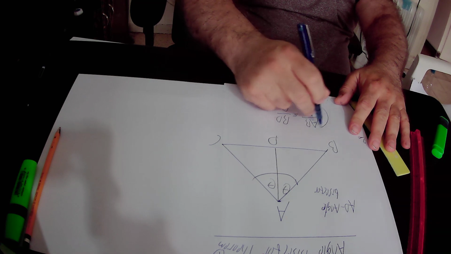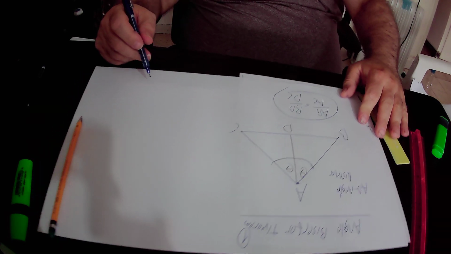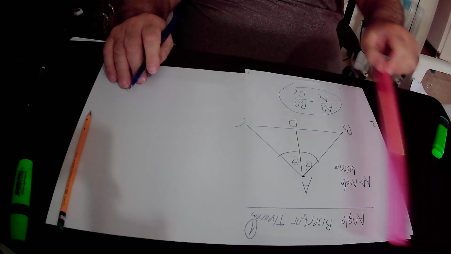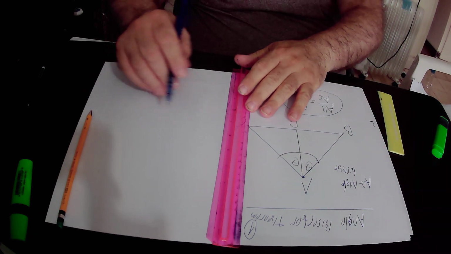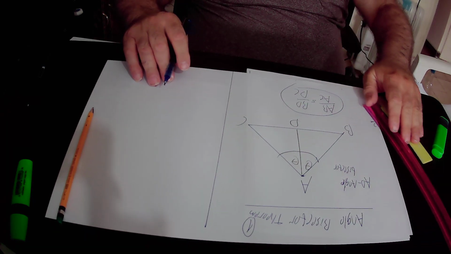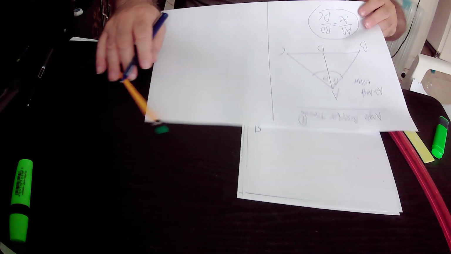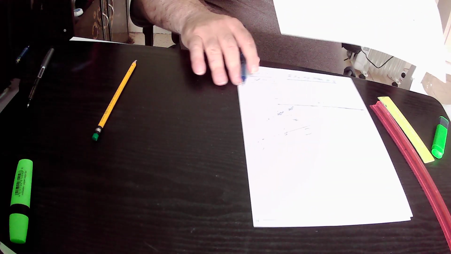Repeat again, here AB over AC equals BD over DC. So, as I already mentioned, we can implement the angle bisector theorem in triangle ABC, because in triangle ABC we have the angle bisector AD.